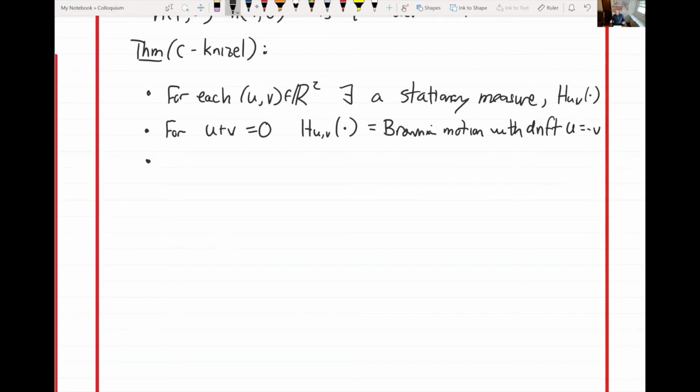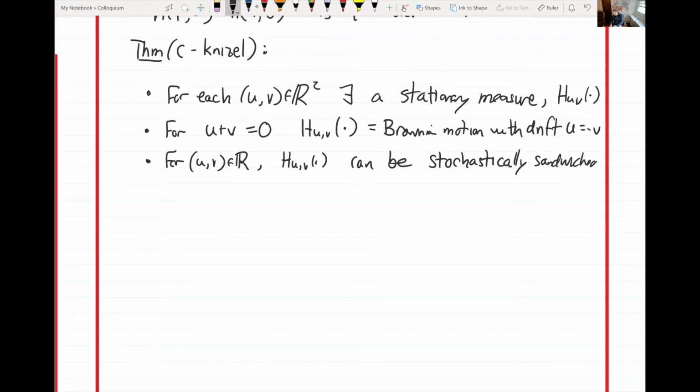On the other hand, for general U and V, the invariant measure H^{U,V} can be what I'll call stochastically sandwiched between H^{U,-U} and H^{-V,V}, each of which is a Brownian motion, but with a different drift.